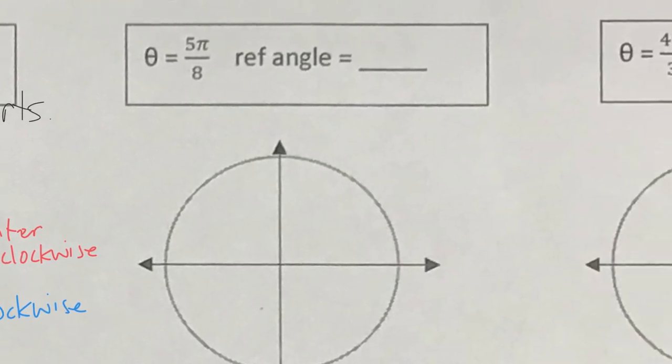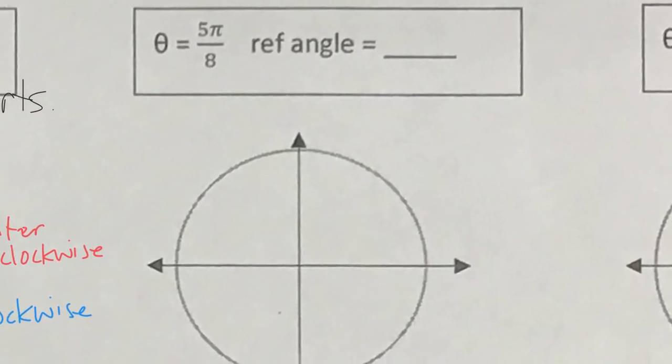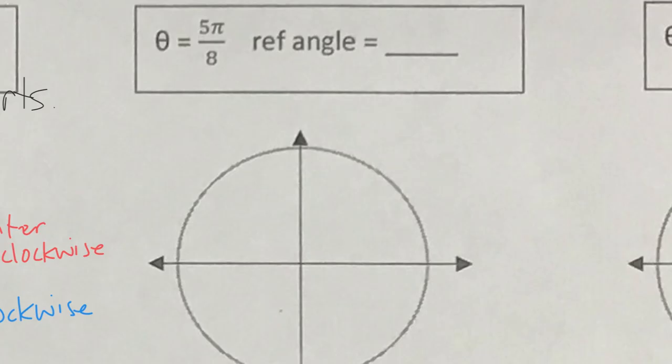Okay, moving on. 5 pi over 8. That means we're going to chop our unit circle into 8 parts. So we're going to chop 180 degrees into 8 parts. And when we do that, each one of these parts is going to be 22.5 degrees. So here's your 180.